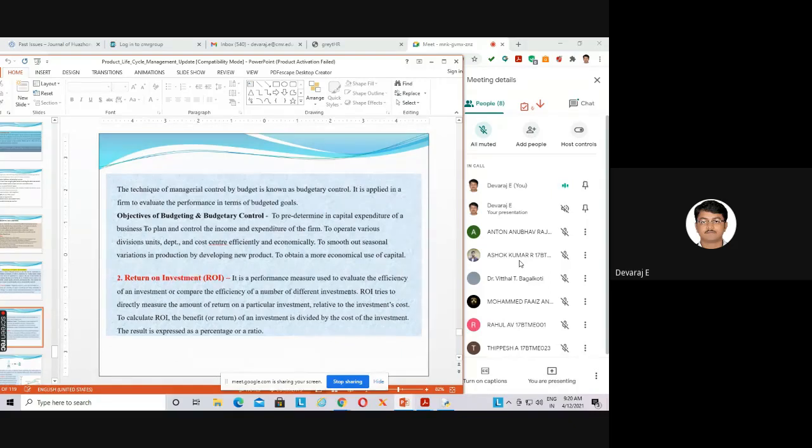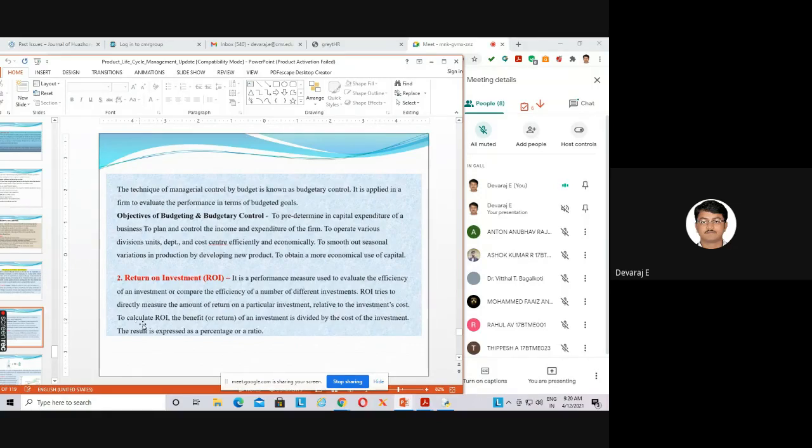It is a performance measure used to evaluate the efficiency of an investment or compare the efficiency of a number of different investments. Then ROI, that is return of investment, tries to directly measure the amount of return on a particular investment, relative to the investment cost.